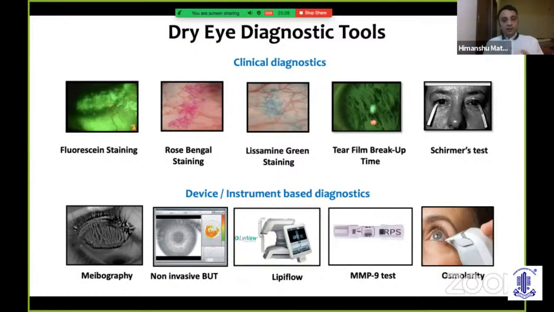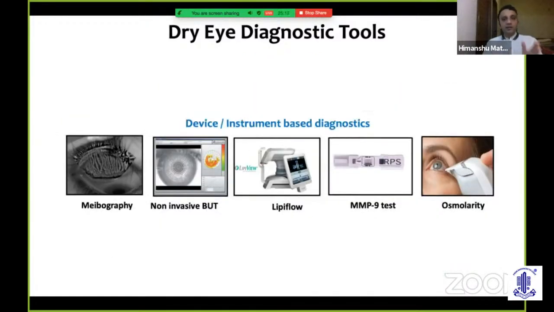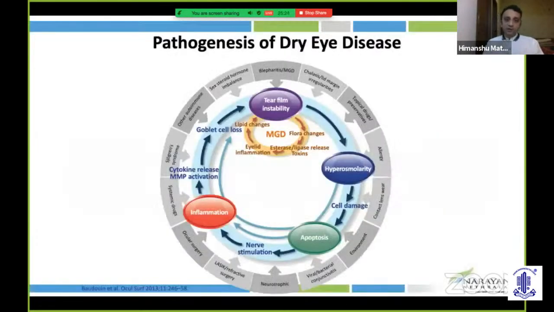The next couple of talks are going to cover the clinical diagnostic parts. I'm not touching that part, but we'll restrict ourselves to the device or instrument-based diagnostics, and we'll critically evaluate whether they are worth it in our country.